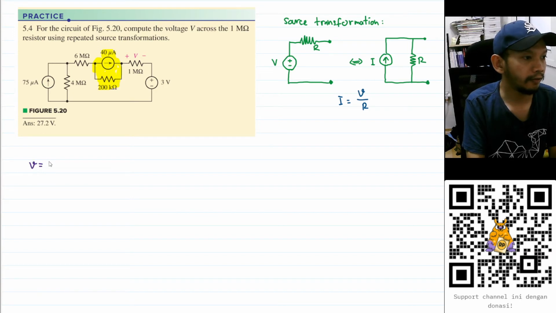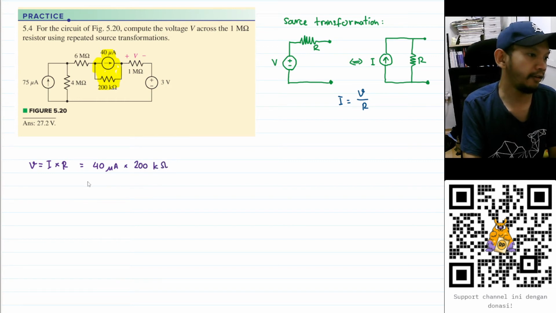V is equal to I multiplied by R. Remember that our current here is 40 microampere, multiplied by 200 kilo ohm. In order to cancel this kilo, we will have to change that into mega ohm, so we'll have 0.2 mega ohm.